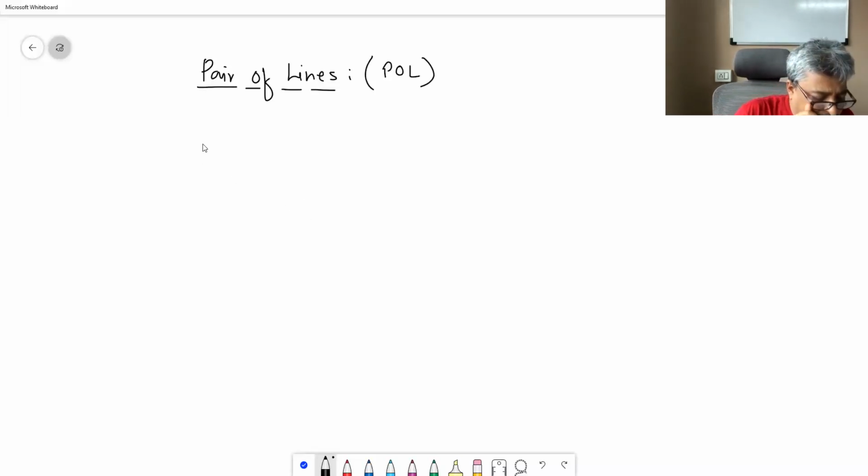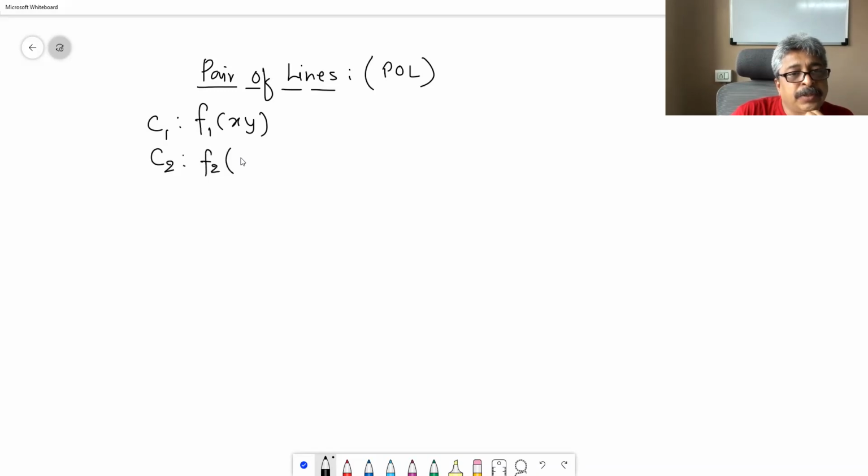For all practical purposes, suppose a curve C1 is represented in the xy plane, and curve C2 is also represented in the xy plane. These are the two curves.